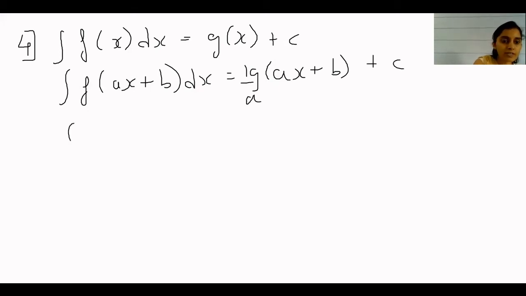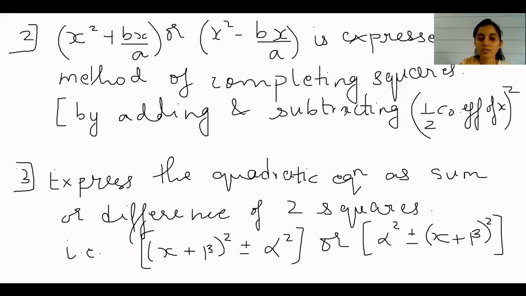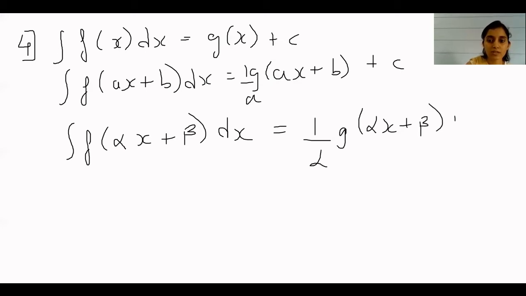Now if we have the integral of f of alpha x plus beta, like the one that we have here, x plus b the whole square plus minus alpha square, and alpha square plus minus x plus beta the whole square, then if you have this in your final integration, we write it as 1 upon alpha g of ax plus b, plus c.